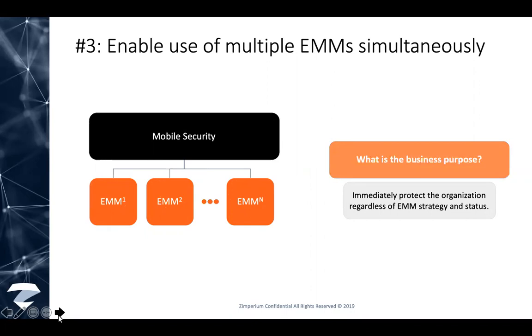Or they've inherited two different ones, maybe via mergers and acquisition. If you have to have completely different tenants, completely different consoles, completely different rollouts for multiple EMMs, it just increases the workload exponentially. So you need something that basically is agnostic and can handle multiple EMMs at the same time.